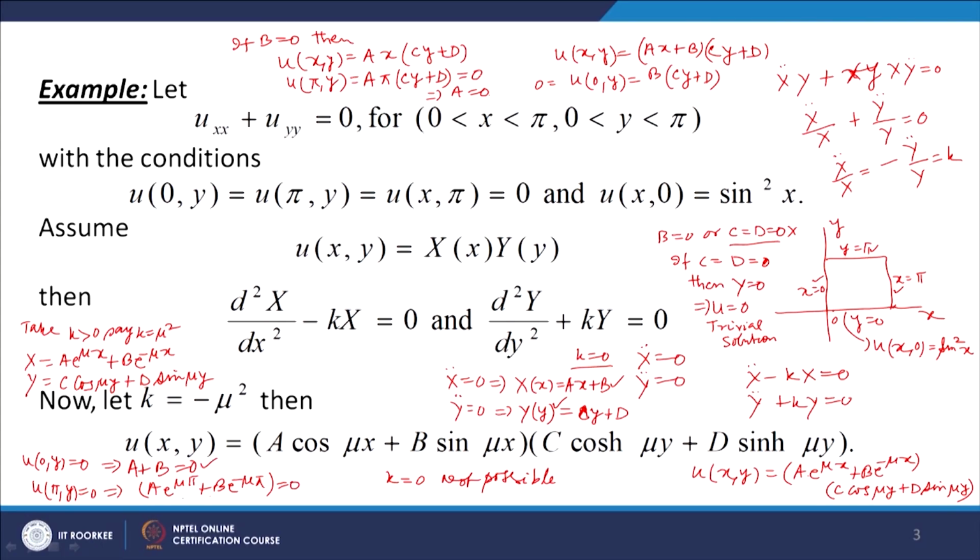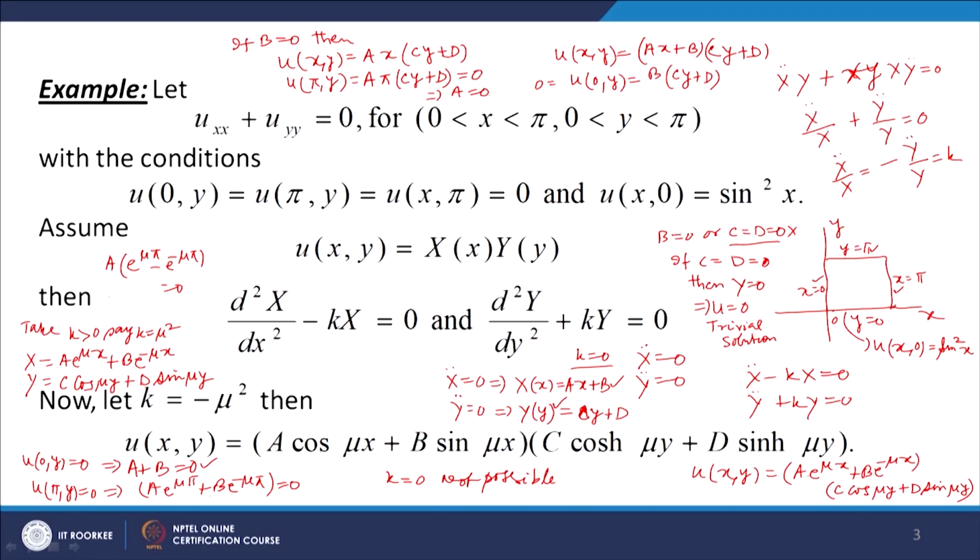Now from this equation B is equal to minus A. If you put B equal to minus A in this, what we will get? A times (e to the power mu pi minus e to the power minus mu pi) equal to 0. Okay. Now if A is equal to 0, then B equal to 0 and we get trivial solution. Otherwise e to the power mu pi is equal to e to the power minus mu pi.